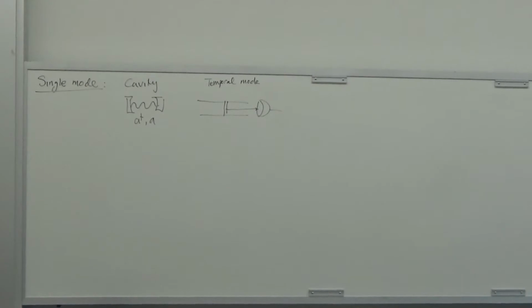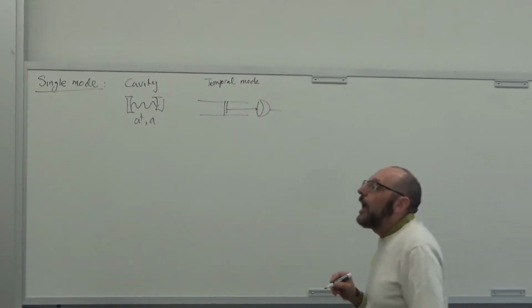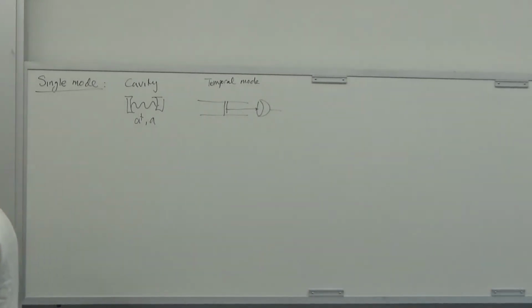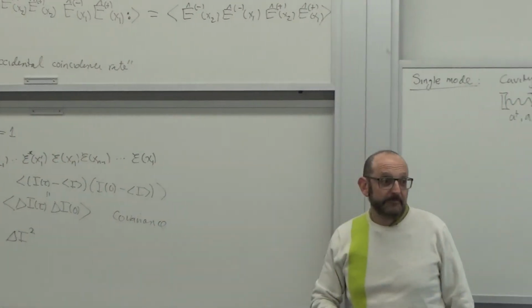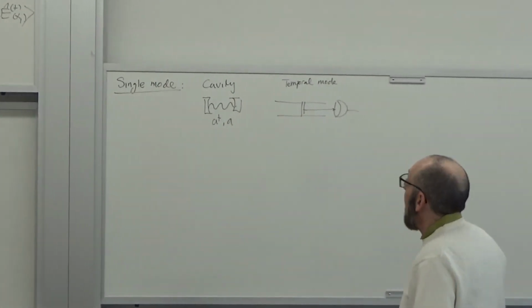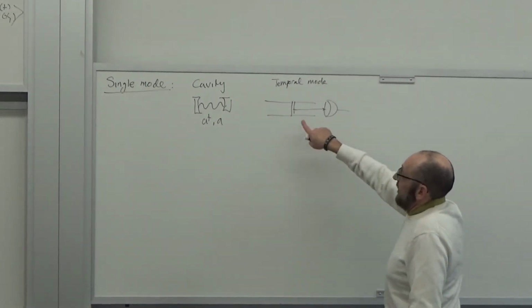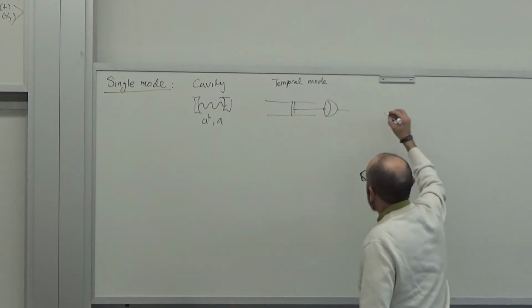Okay? And when I look at G2 at time t equals 0, what I'm looking at is, so let's think about that.